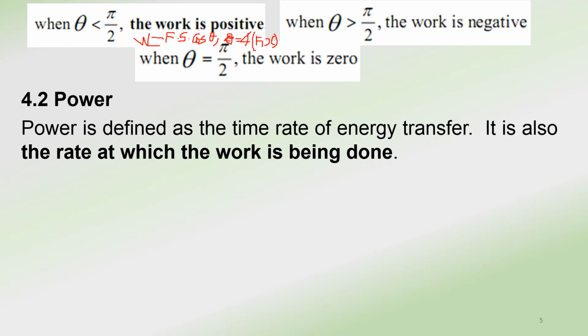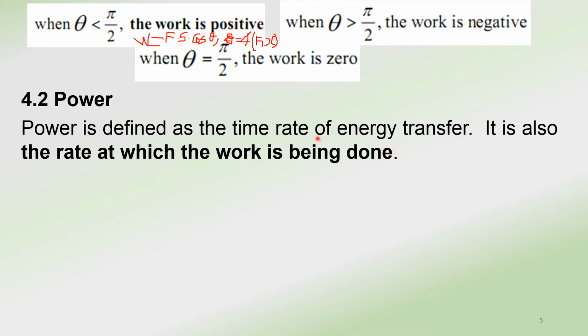Power is defined as the rate at which the work is done. This means that as the work is related to energy, once the work is done, the energy is transmitted to the body.